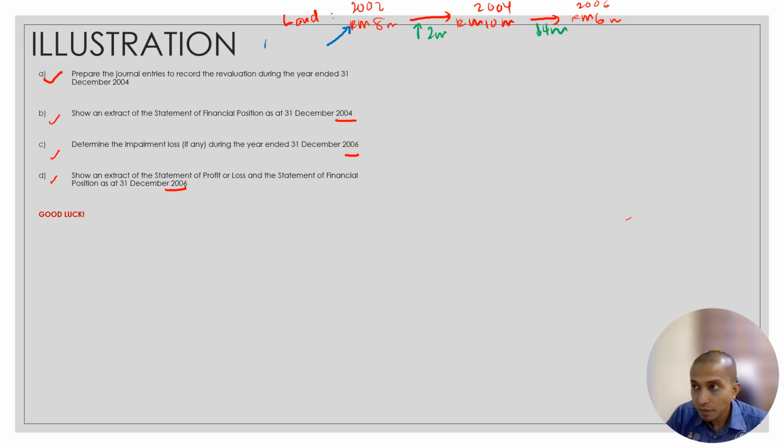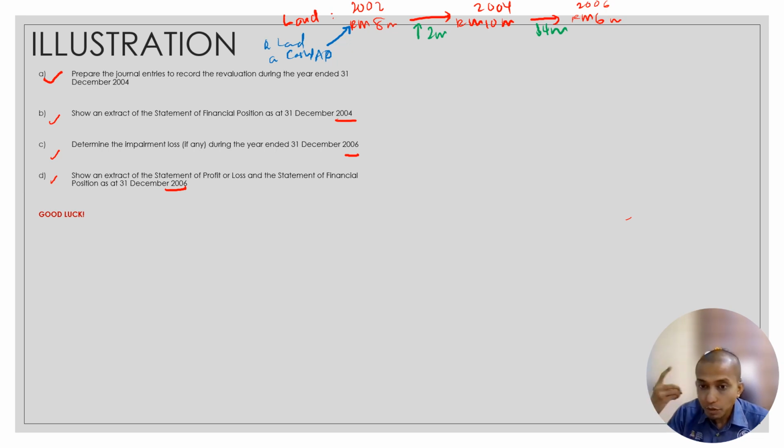Purchase is debit land, credit how you pay, either cash or account payable. We do not discuss that, it is not in the scope.